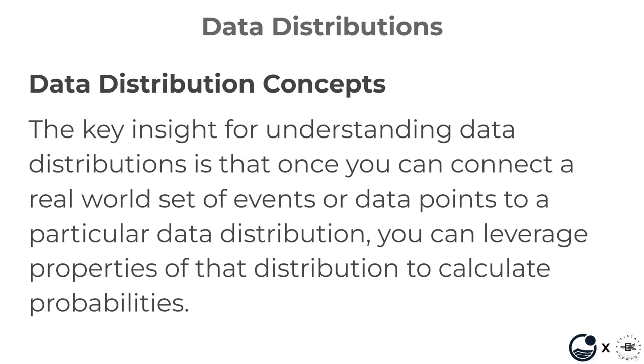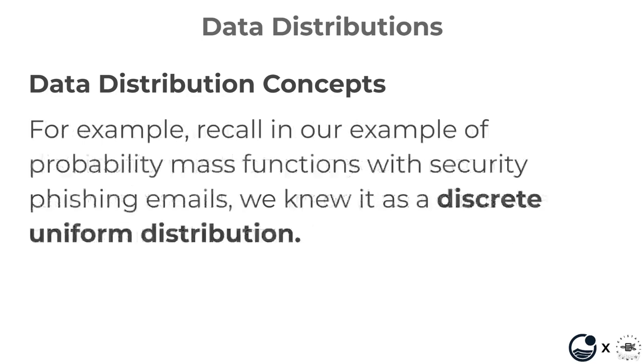The key insight for understanding data distributions is that once you can actually connect a real-world set of events or data points to a particular data distribution, you can leverage the properties of that data distribution to calculate probabilities. For example, in the very first example that I just talked about in this lecture, with probability mass functions and security phishing emails, I had 100 employees, all with an equal chance of being picked.